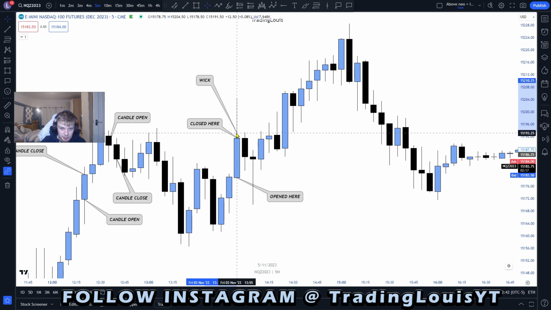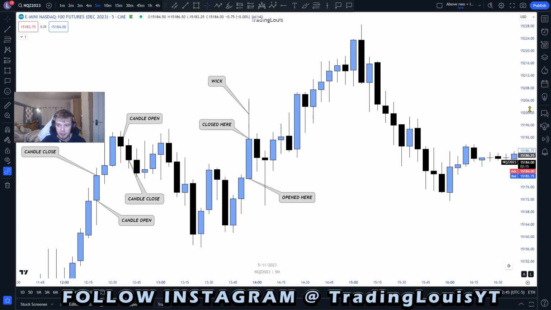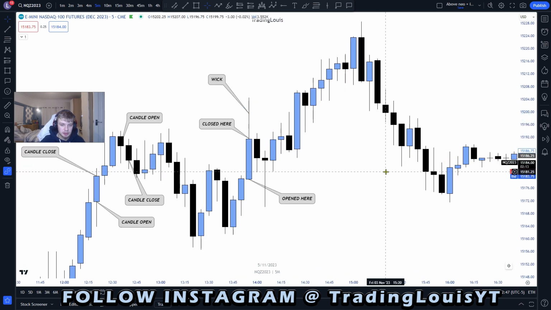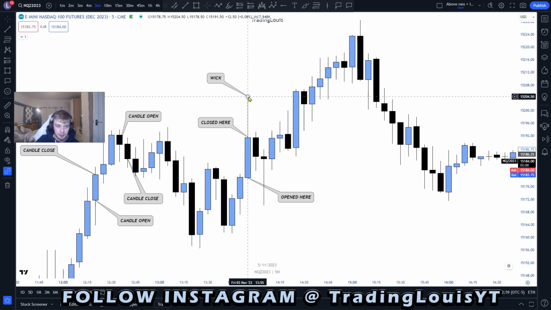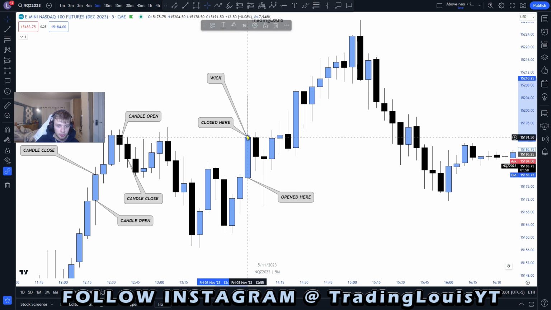The body has come up and up and up, but the 5 minute timer of this candle has not been finished yet. The candle hasn't closed yet. So the price action hasn't made the body close. It has just gone up to this point, and then instead of closing up here, the candle has come back all the way down, and then the candle is closed here.